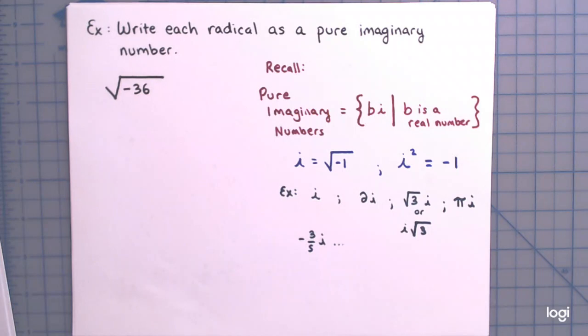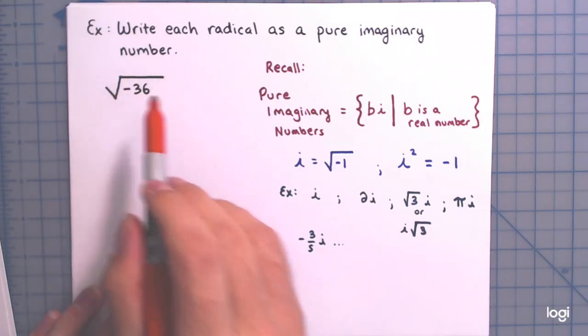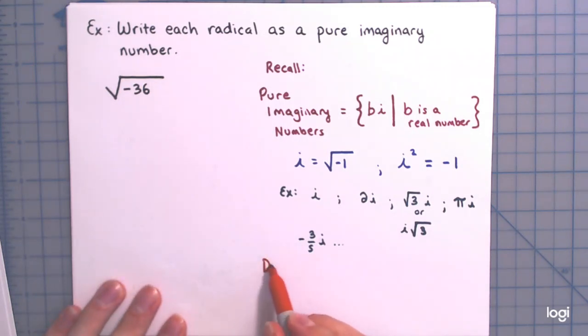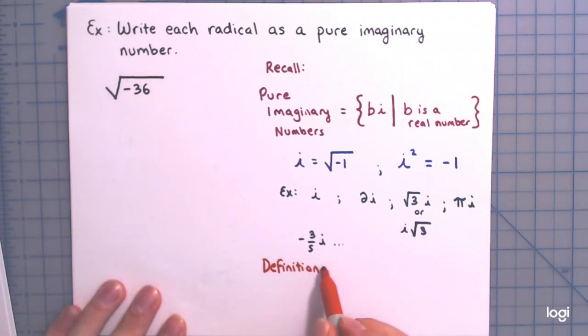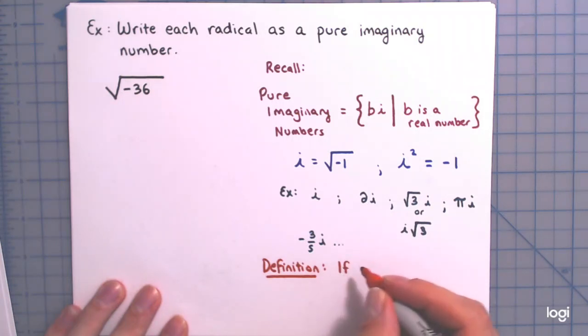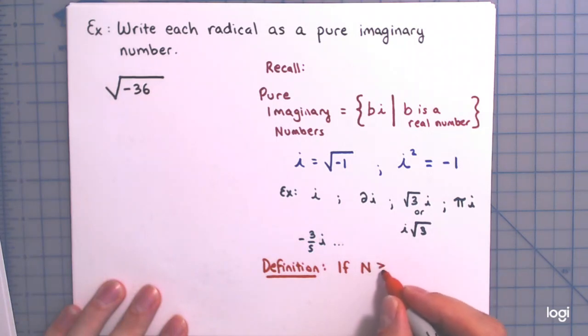Okay, and then in a definition, you're going to have to remember how to write the square root of a negative as one of these pure imaginaries. I had this up in my last video on the complex number system as well. Suppose n is a non-negative number, greater than or equal to 0.